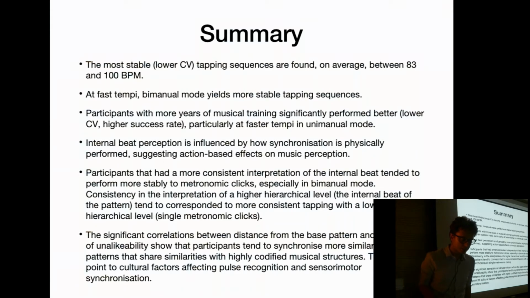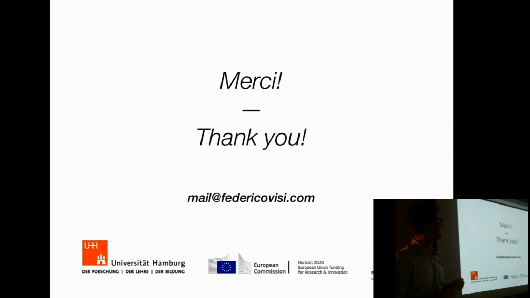And finally, to conclude, the significant correlations between that distance measure from the base pattern and the coefficient of unlikability perhaps suggest that participants agreed more on which rhythmic subdivisions to synchronize with to patterns that are more similar to highly codified musical structures. And so this perhaps also points to cultural factors affecting pulse recognition and synchronization. And time's up. So thank you and merci.